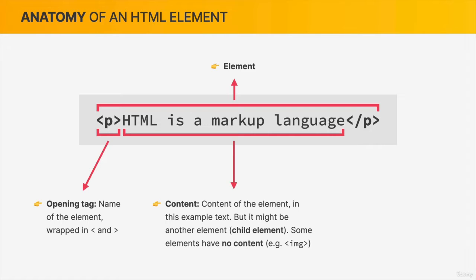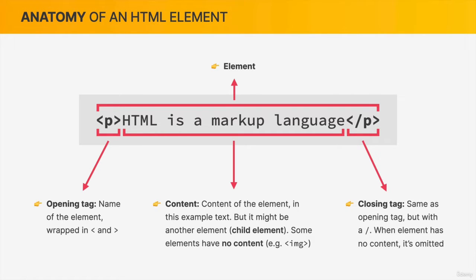And all of this will, of course, become very intuitive as we start writing HTML. This is just so that you know what I'm talking about when I speak of opening tag or closing tag or content.